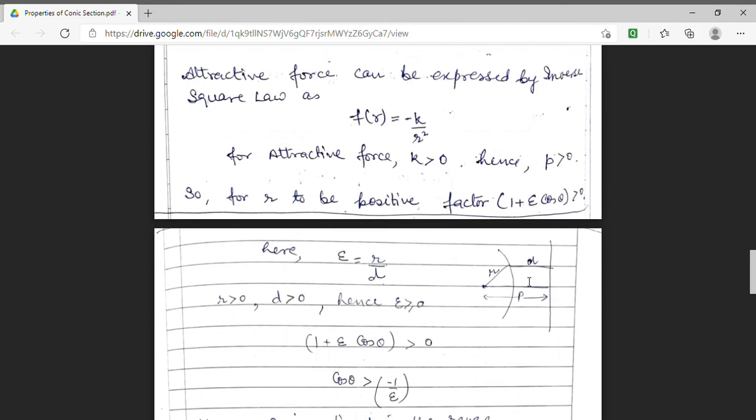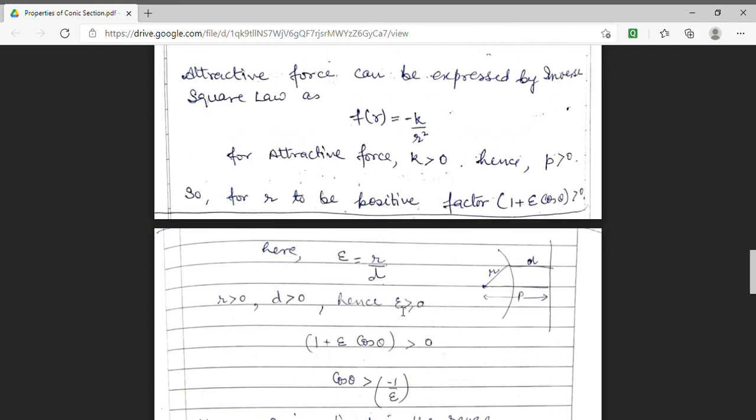This ratio r by d, this is epsilon. Now, here we want that r must be greater than 0 and d is also positive. So, epsilon will always be greater than or equal to 0. This is the condition for r to be positive.